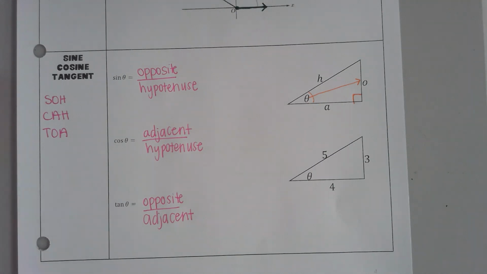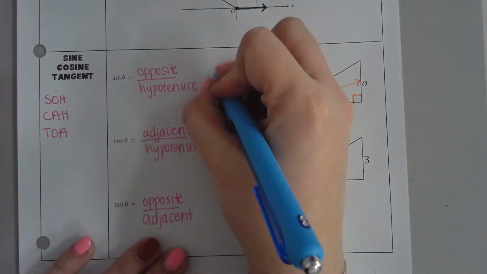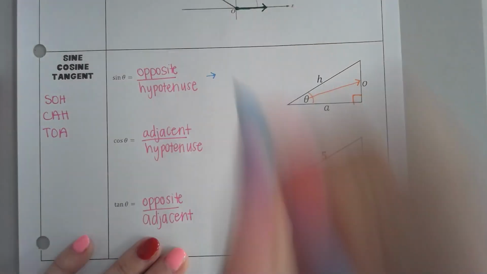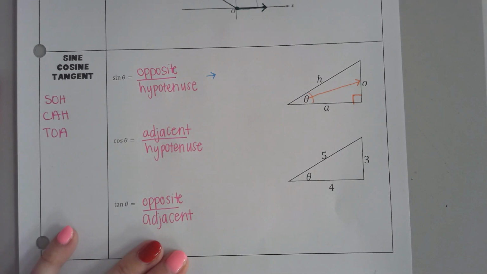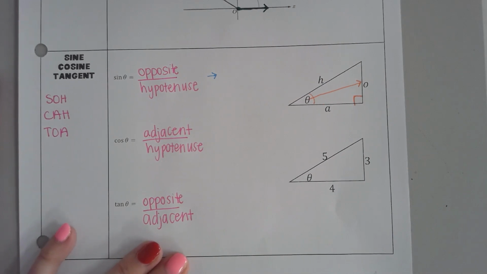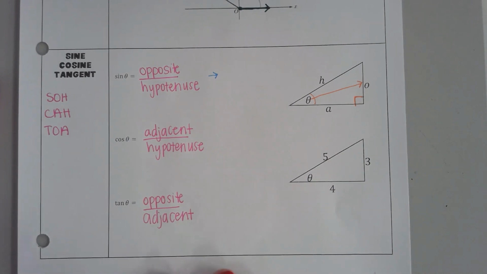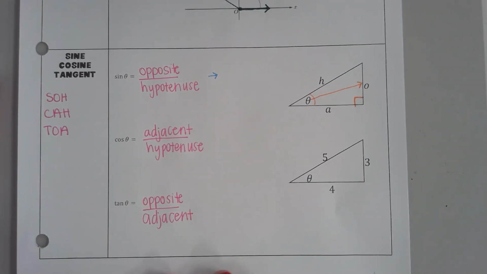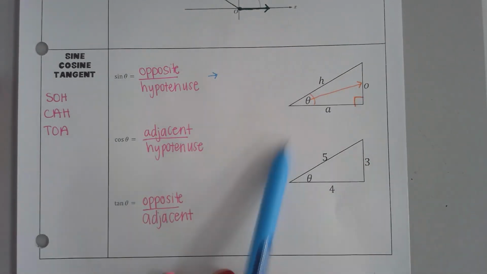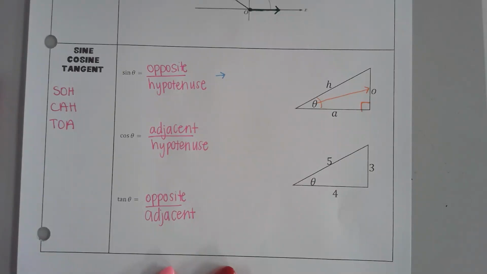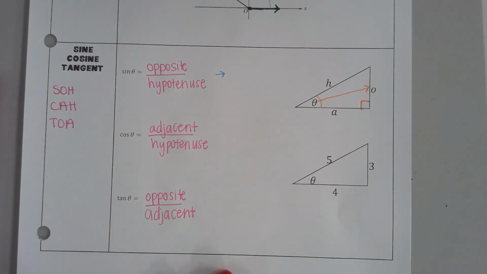Triangle of theta. In this example with these numbers, what's sine? What's the fraction? O over H. That's O for opposite. But what numbers? 3 over 5. Mm-hmm.